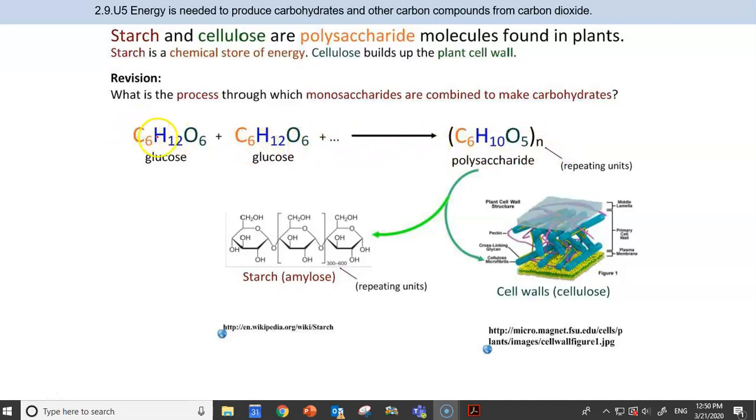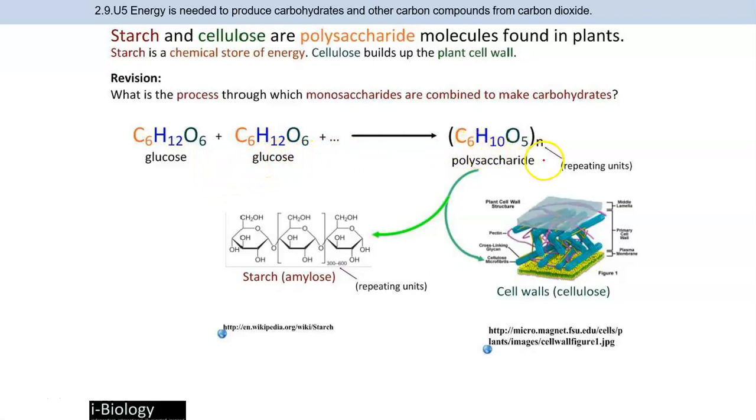For example, if you remember from the revision, the units of the glucose can produce a polysaccharide, and this polysaccharide could be in the form of starch. And if you remember the structure of the starch, which is called amylose, these polysaccharides could also be in the form of cellulose.